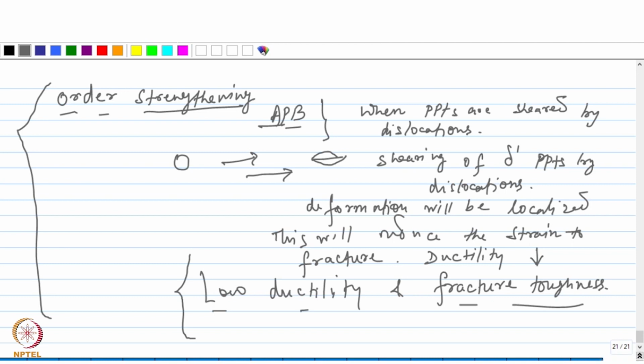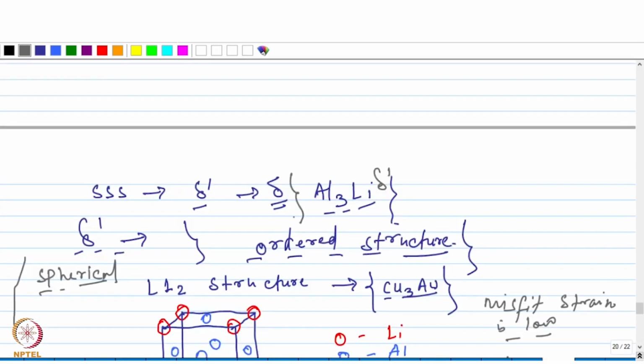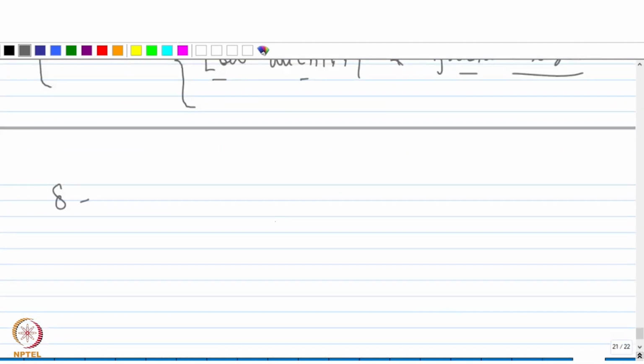And now if you look at the equilibrium phase delta, in this particular alloy, unlike the previous alloys, the equilibrium phase does not have the same composition. Delta is having a composition where aluminum and lithium is 1:1 and not 3:1.